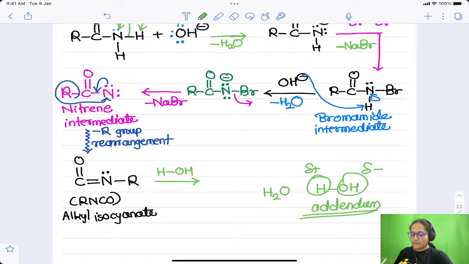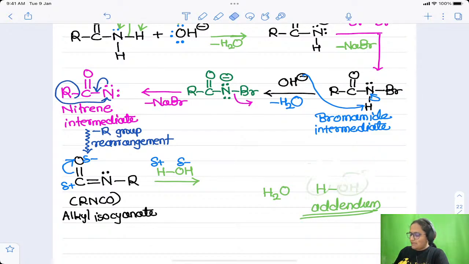Now which bond to break, that is the question. Out of these two, the C=O bond will be broken because it will give you the stable structure. So the bond will be shifted onto oxygen, the negative part will be attracted to the positive and the positive to the negative. Hydrogen is positive, OH is negative. Here oxygen is negative, carbon is positive. Opposites attract, so you have to attach delta plus to delta minus and delta minus to delta plus, and we will get a product.